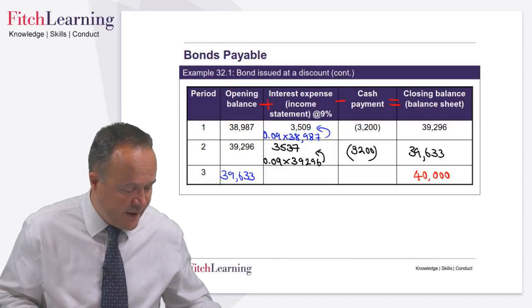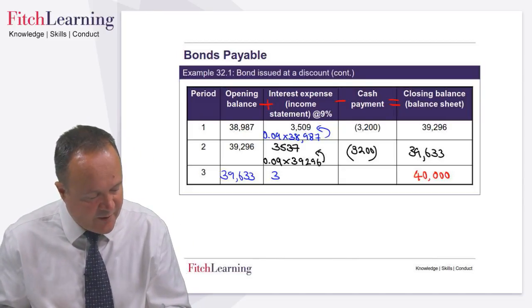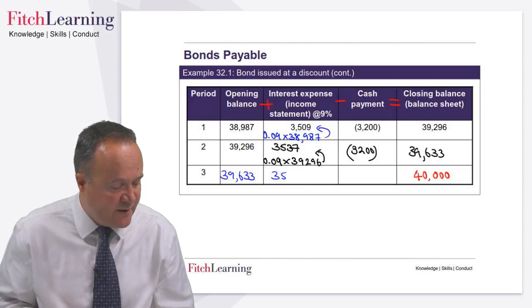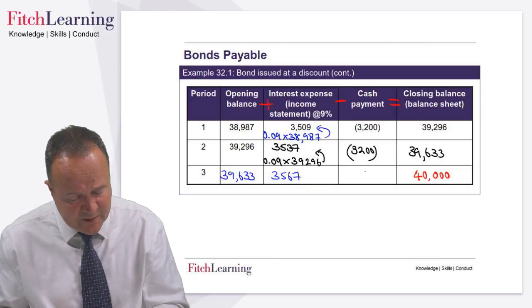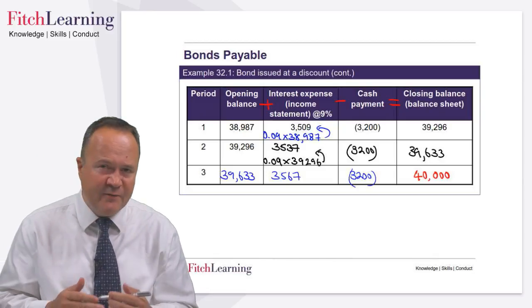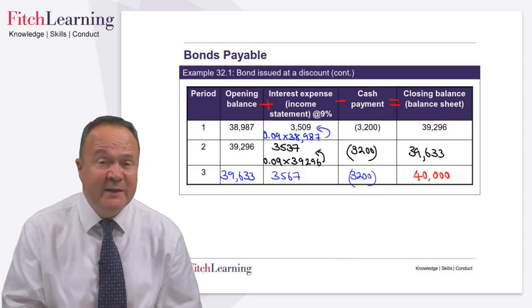Times that by 9%, we get 3,566.9, let's call it 67. Take away the cash flow, and I have rounded a little bit along the way, so it's not going to exactly be 40,000, but if I didn't round, it would be.